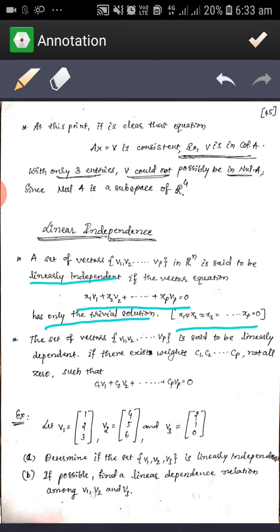That means after applying row reduced form or row operations, if all the values x1, x2, x3 up to xp are 0, then we call it independent.